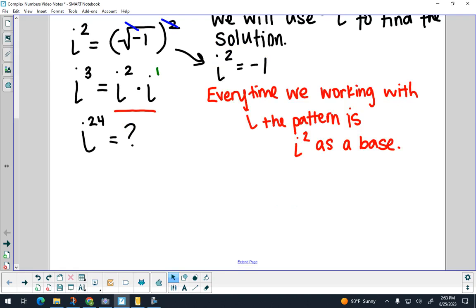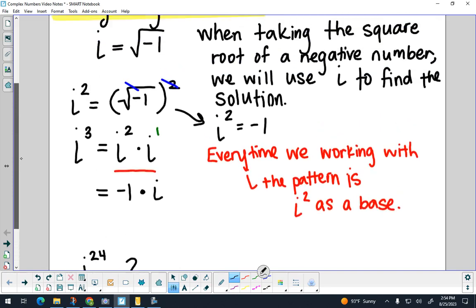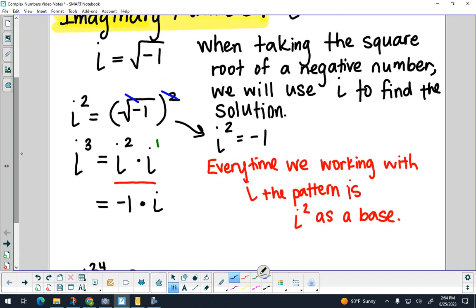So in that case, I'm going to move this just for a second because we're going to try that one in just a little bit. In that case, we have i squared times i. Well, then we just said i squared was -1, times i. Now we don't have to necessarily write out that i is the square root of -1.